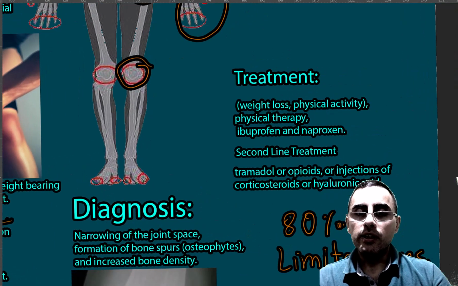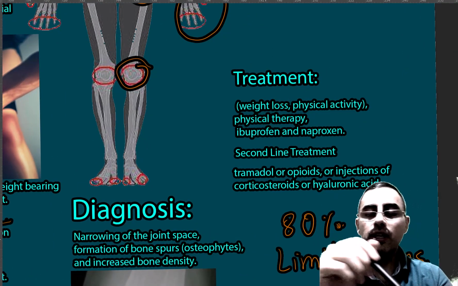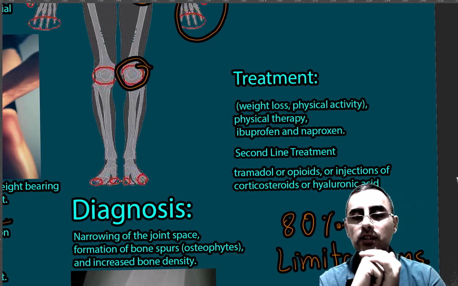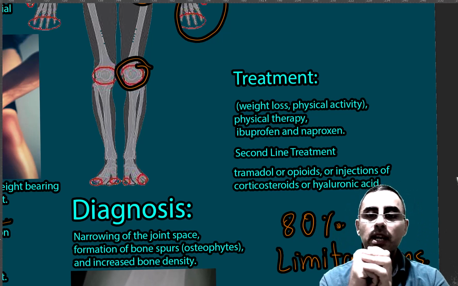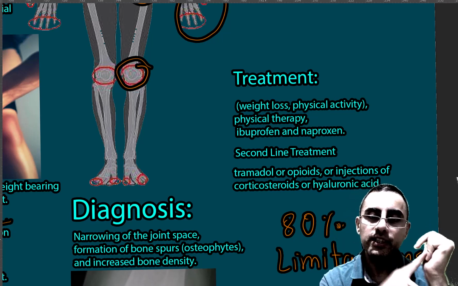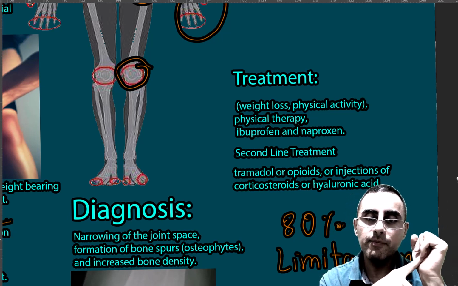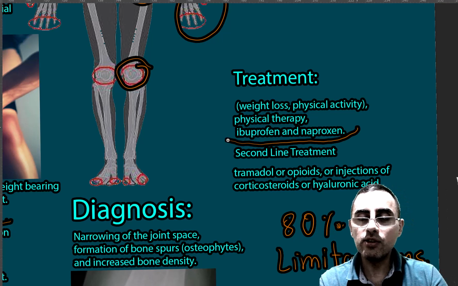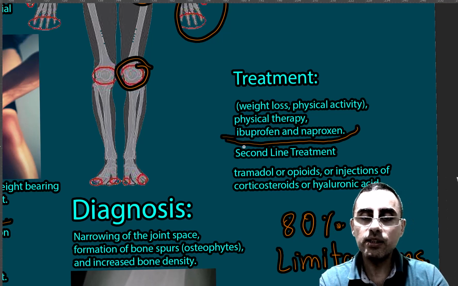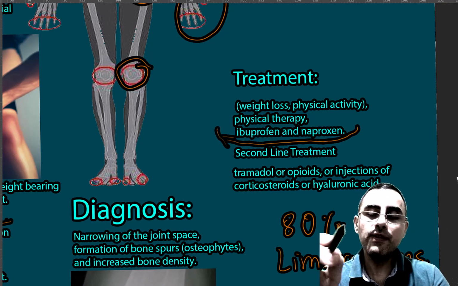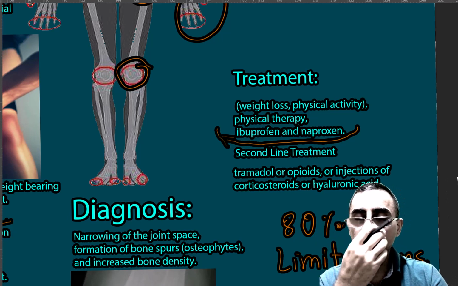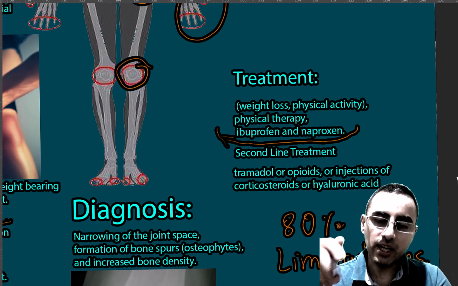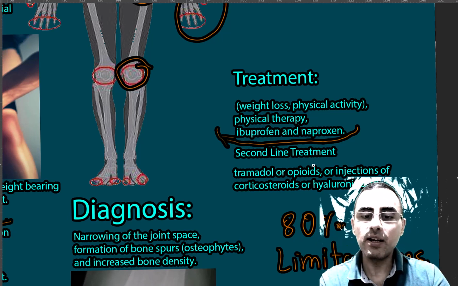Now let's say about treatment. What is a treatment? First line treatment is lifestyle modification, like weight loss, physical activity, physical therapy, ibuprofen and naproxen, non-steroidals. And second line treatment, if first line treatment fails and not effective or not enough, then second line treatment are used.